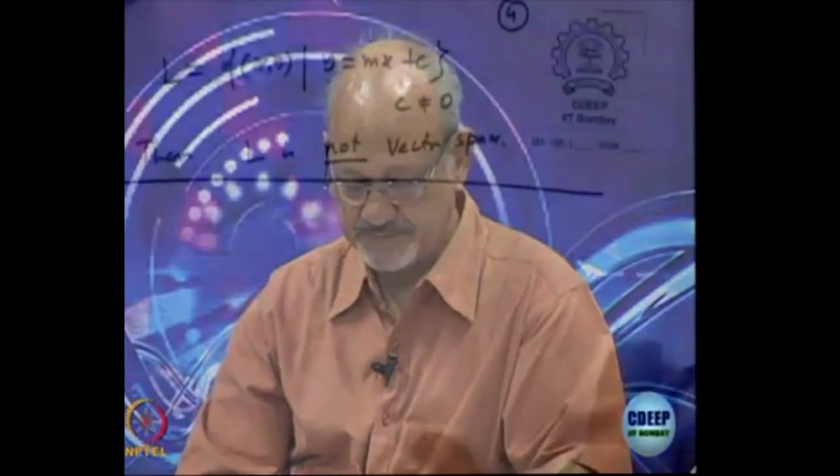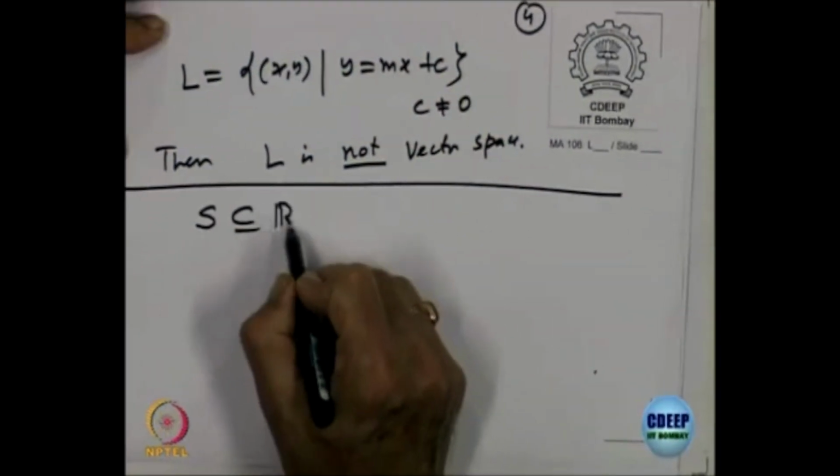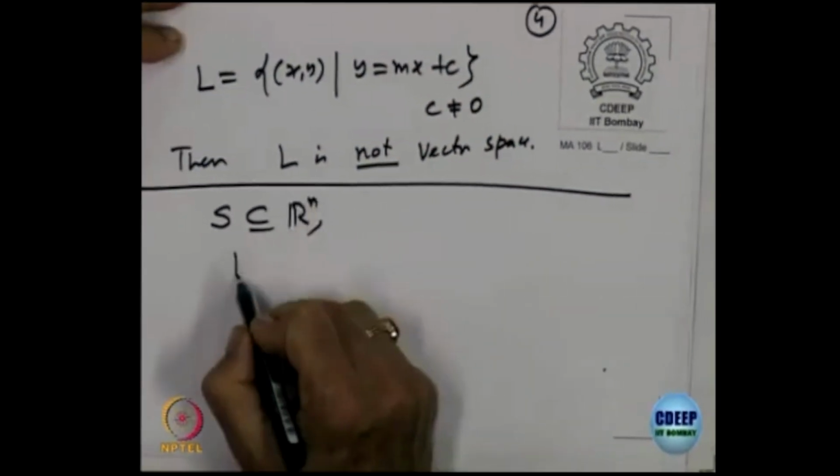The theorem is LS is always a vector space. S may be any set, but LS is always a vector space. So let us check why it is always a vector space. It is a simple proof, but let us check it. S is a subset of Rn. What is LS?